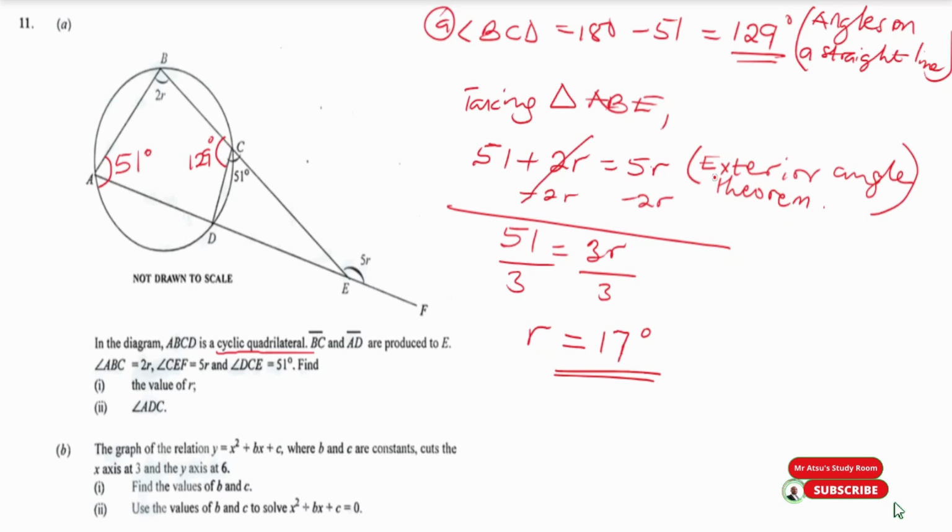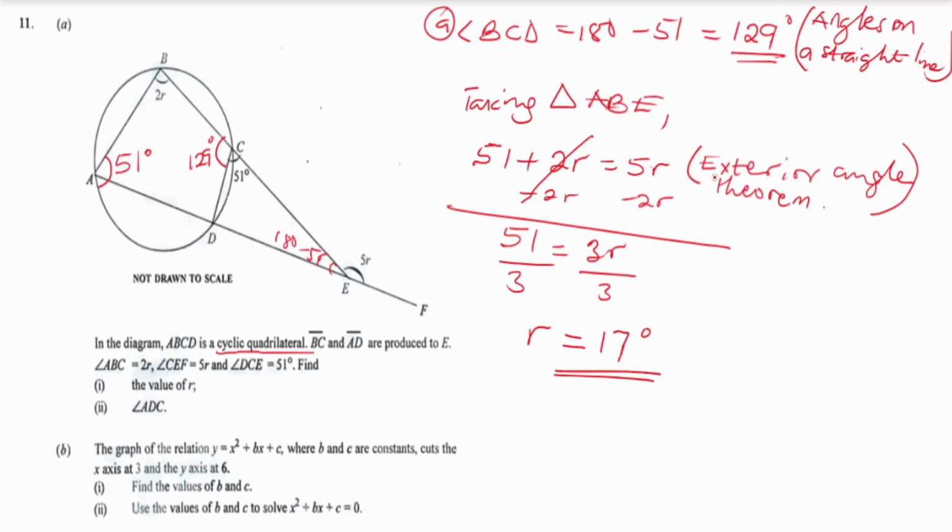And that is the value of r. This is a geometry question, so there are a number of ways we can solve it. For example, we can also do here to be 180 minus 5r, which is angles on a straight line. This plus the 5r should be 180, so here will be 180 minus 5r.